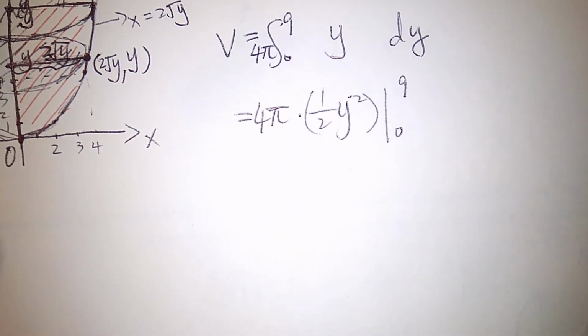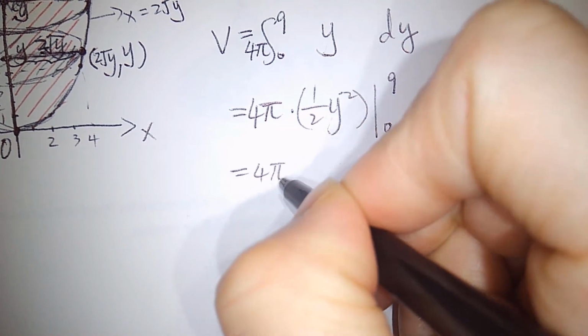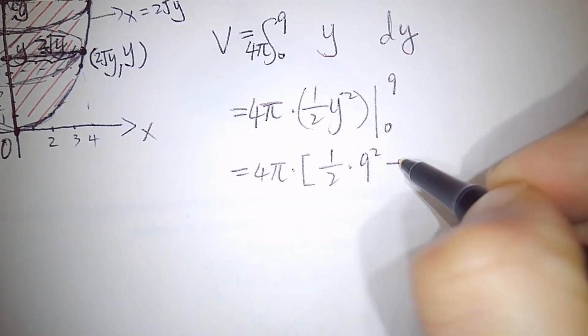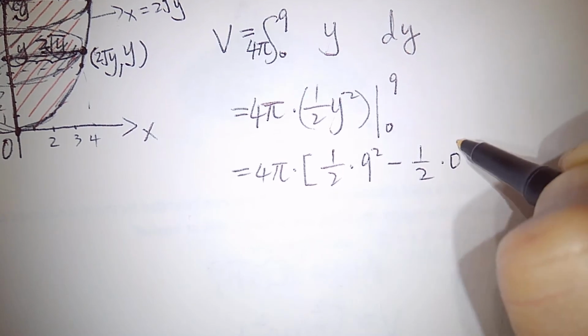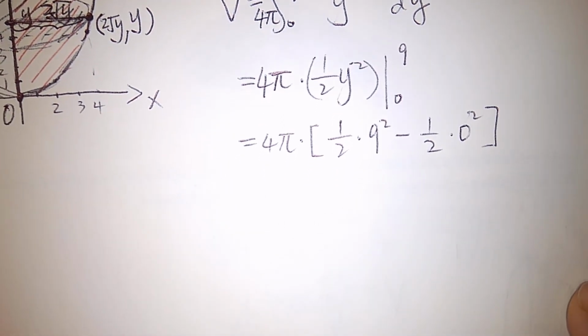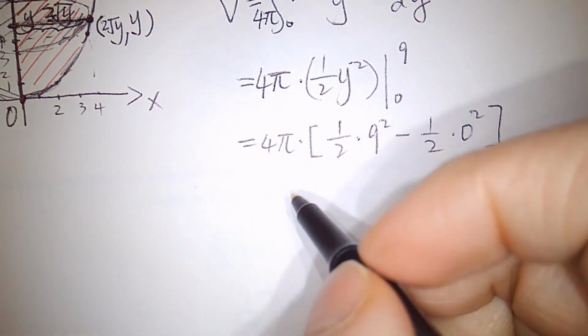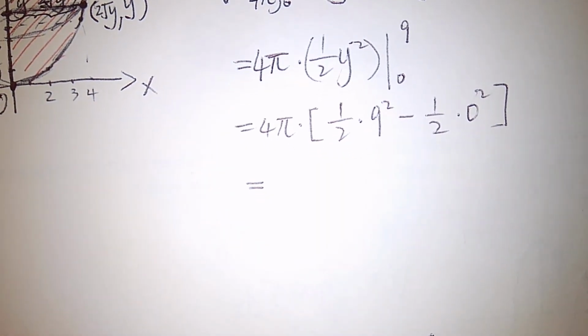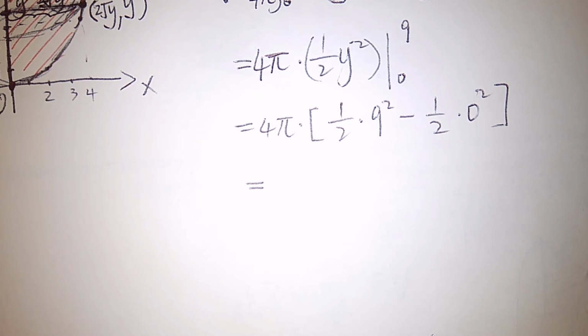That gives us 4 pi times (1/2 times 9 squared minus 1/2 times 0 squared). So eventually, tell me your answer, please. What do you get?